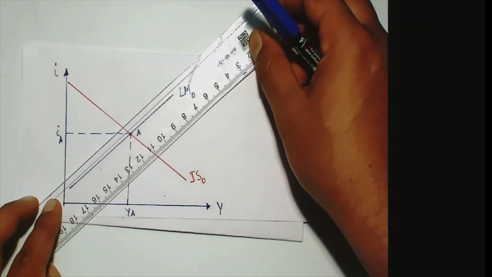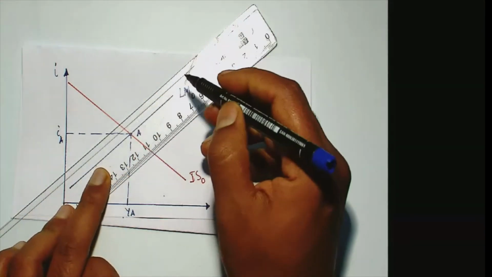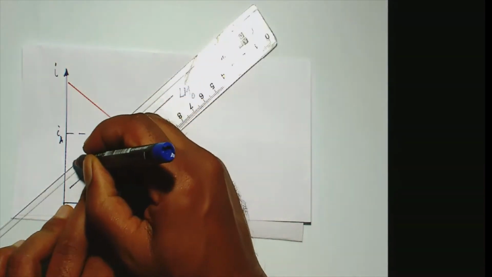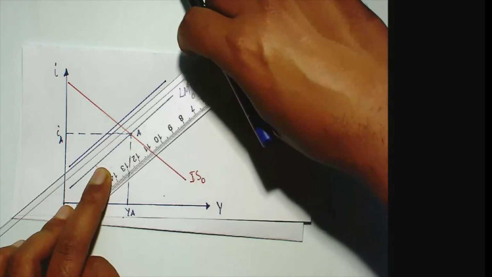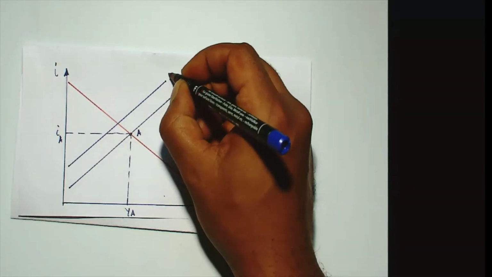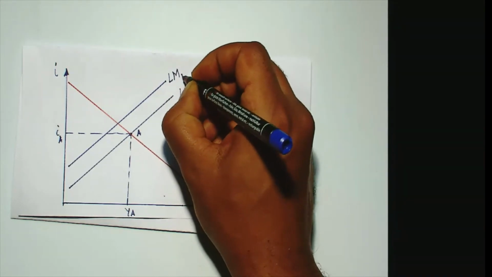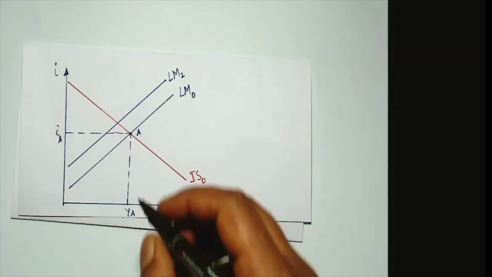So the increase in the autonomous component of money demand would result in a decrease in our LM curve, which is indicated by a shift leftwards of the LM curve, and this can be indicated by a new LM curve, LM1.